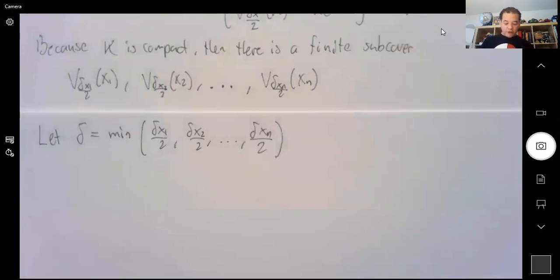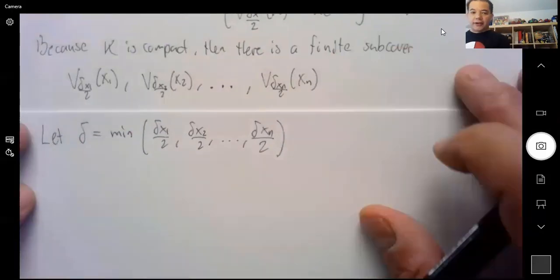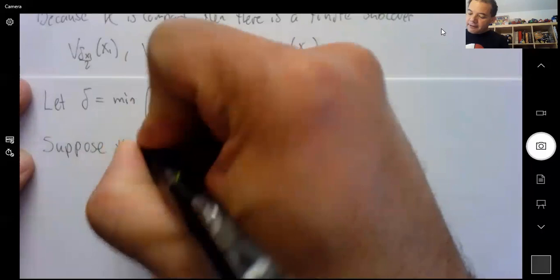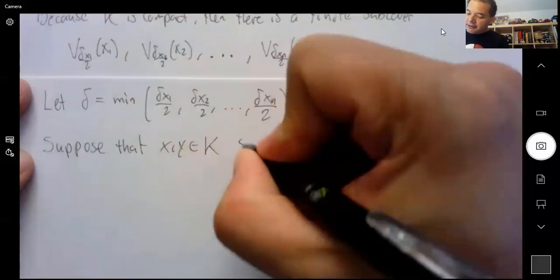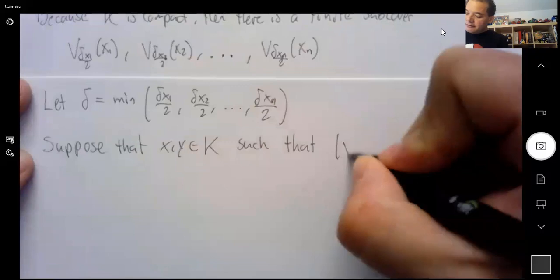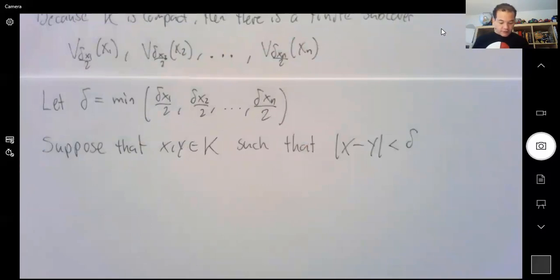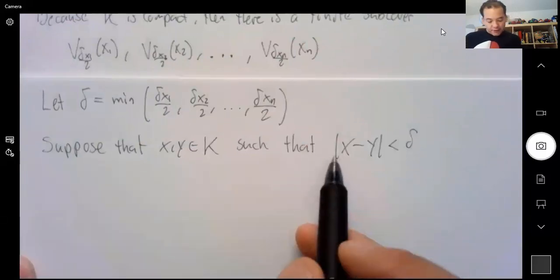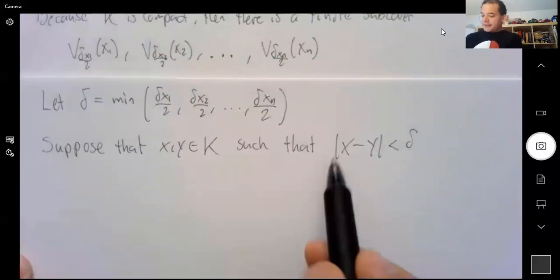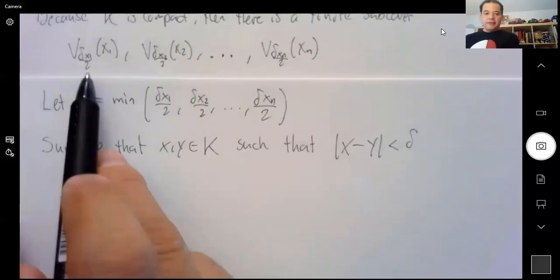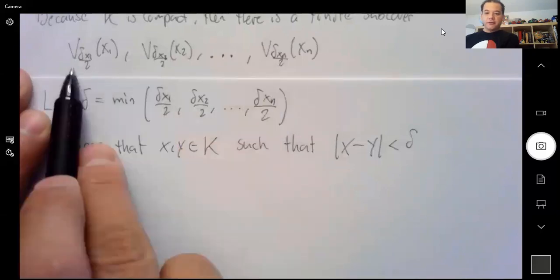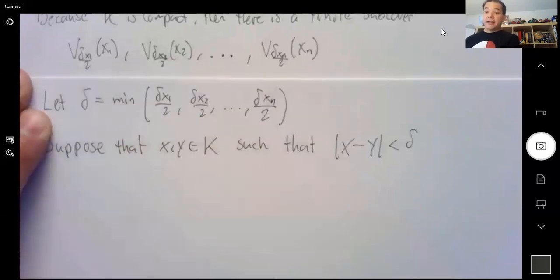All right, so let's try to do that. Suppose that x and y are elements in K such that |x minus y| is less than delta, the delta we just created. Okay, so what's the story? Well, these open sets over here, these neighborhoods, cover the entire K, right?